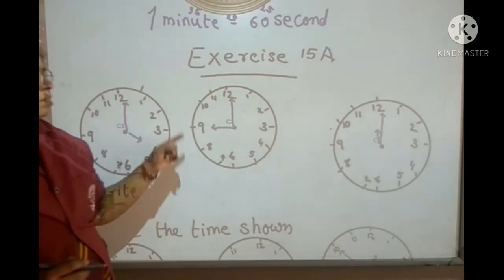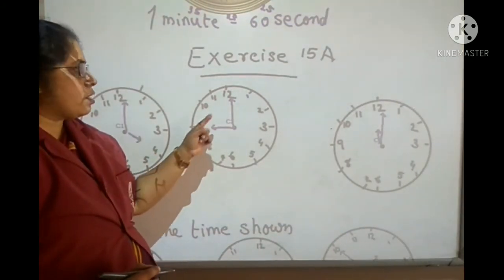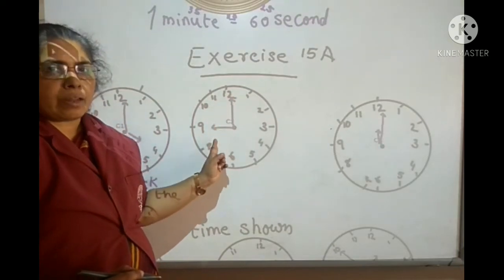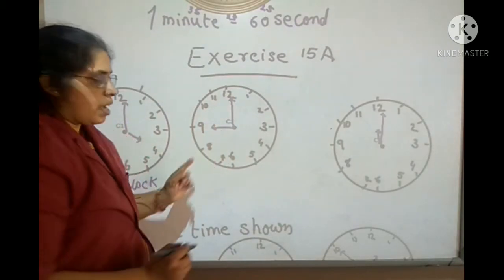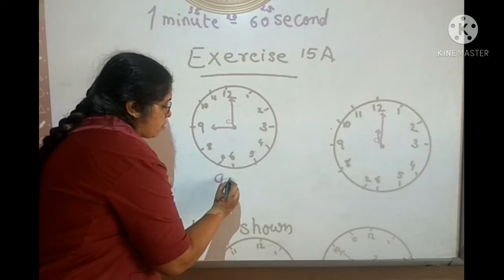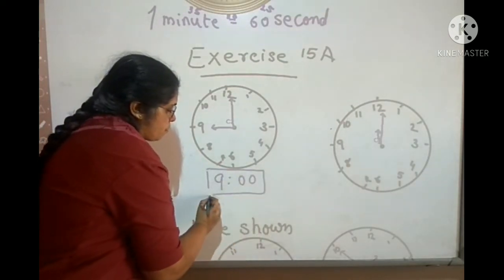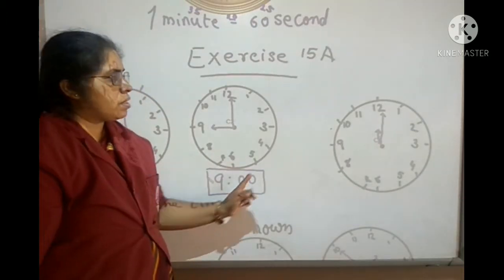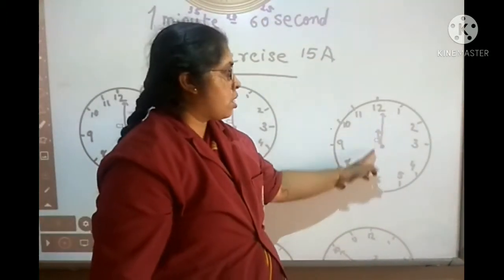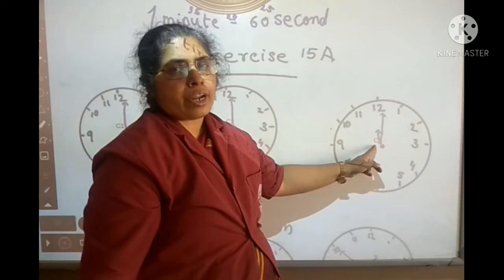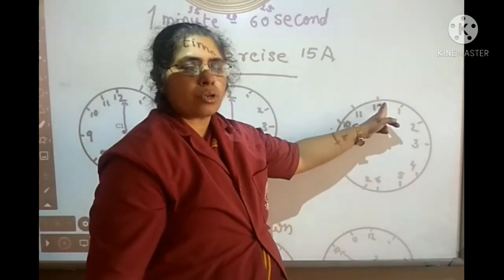In the same way, in this one the hour hand is on 9 and the minute hand is on 12. What is the time? 9 o'clock. 9:00. This one, the small hand, the hour hand, is on 12 and the minute hand is on 12.